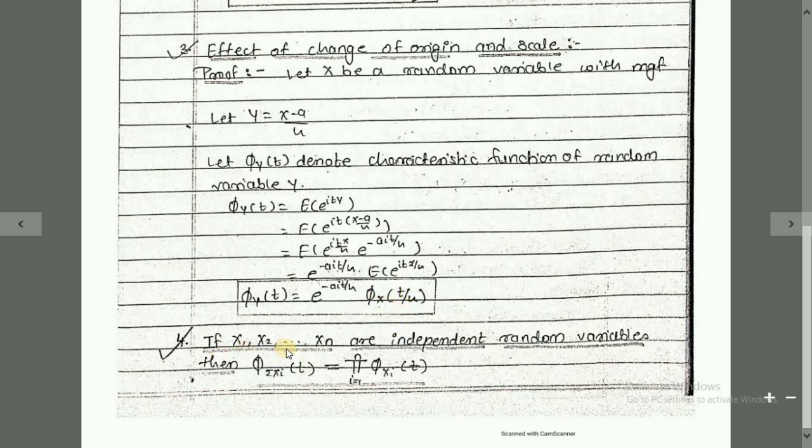Fourth property, if X1, X2, ..., Xn are independent random variables, then phi of summation Xi of t is equal to product of i going from 1 to n of phi Xi of t.